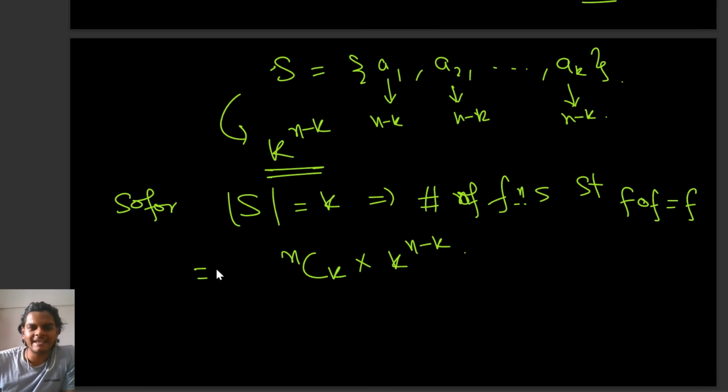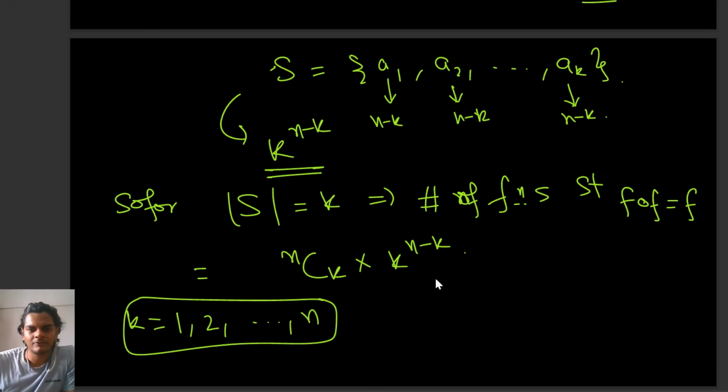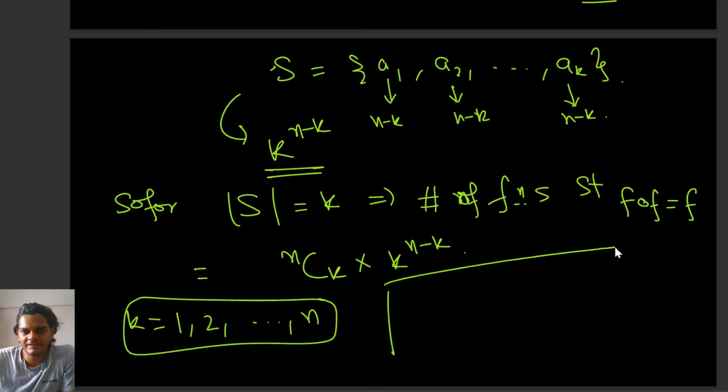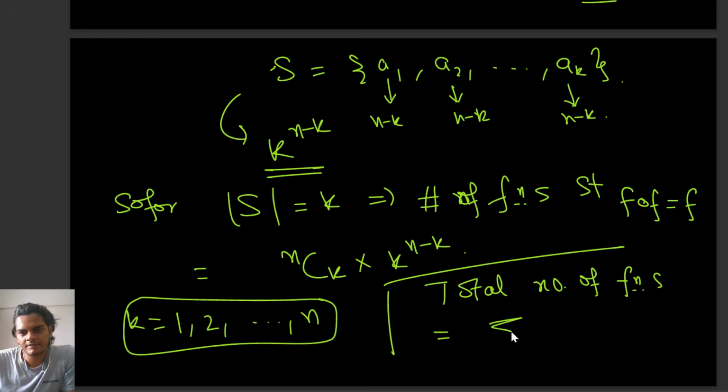And this k will vary from 1 to n. So the total number of functions is equal to summation nCk k power n minus k.